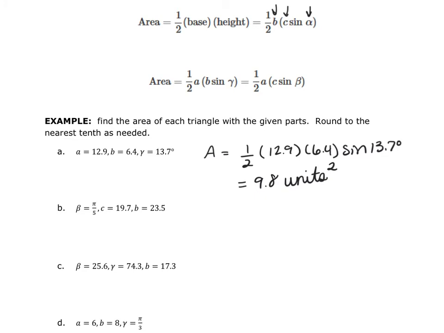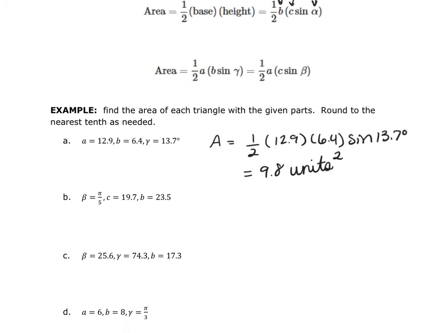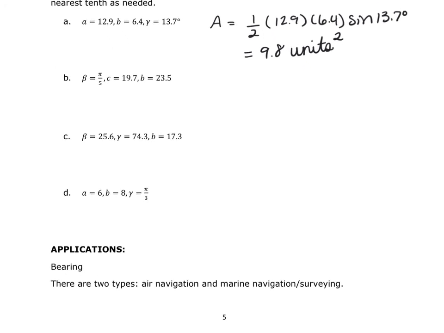Now, B is not my lemon squeezy friend. D is, though, so let's go to D. We run down to D. I have my A, my B, and my gamma, so this is just like before. 1/2 my A, my B, and my sine of pi over 3. Now, I can use my calculator, make sure you are in radians, or I know from the unit circle what pi over 3 is.